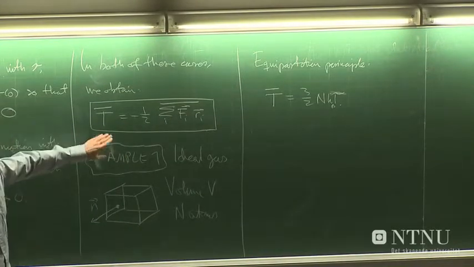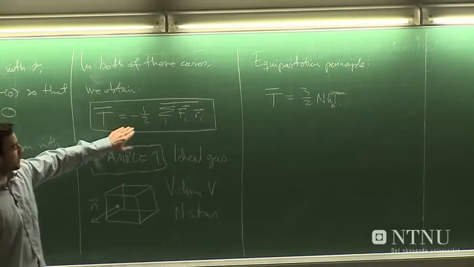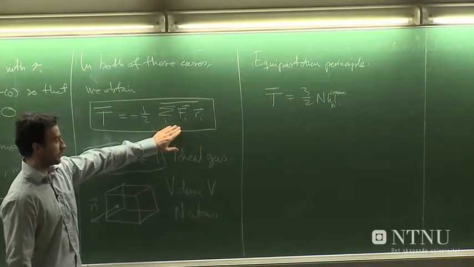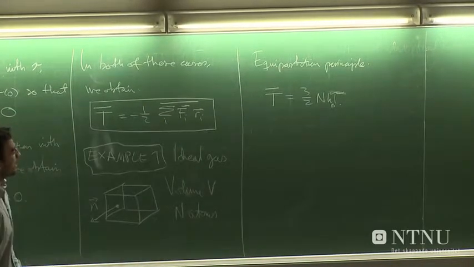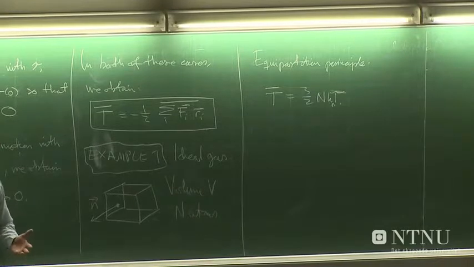Now, we would like to relate this kinetic energy to this side of the equation in the Virial theorem. To do so, we need to say something about the forces acting on the particles.